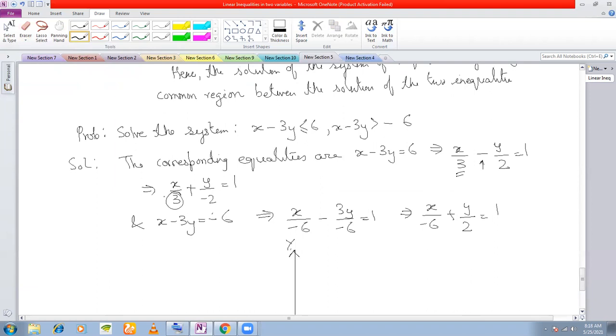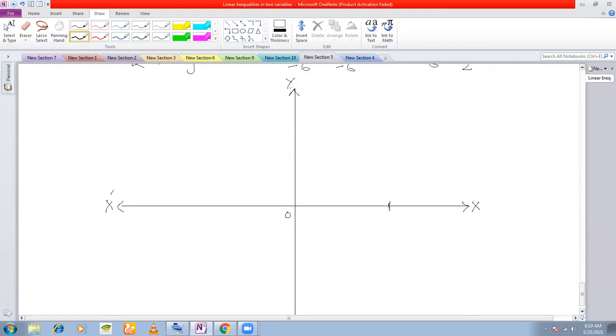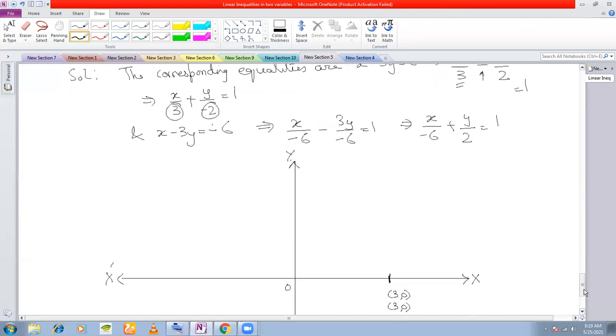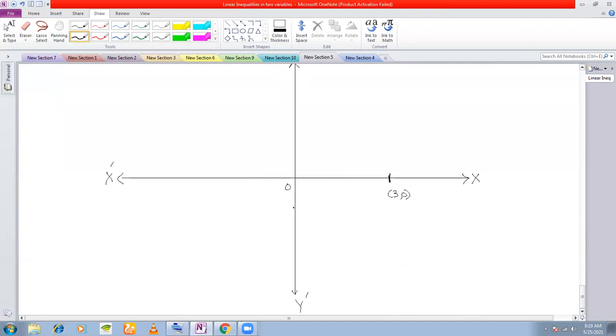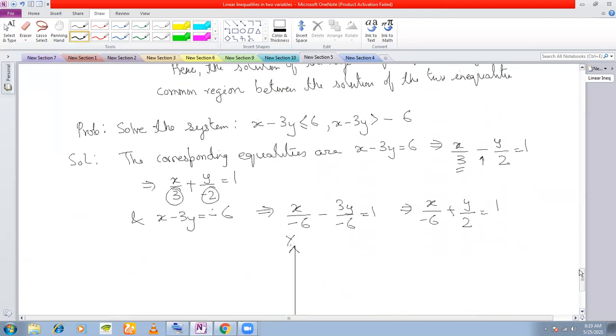Here, you have 3. So x-intercept will be 3 units. So you have, say, 3 over here. 3, 0. Next, the y-intercept is minus 2. So on the negative side, let's take minus 2, say over here. 0, minus 2. Next, for the second straight line, let's draw this straight line first.